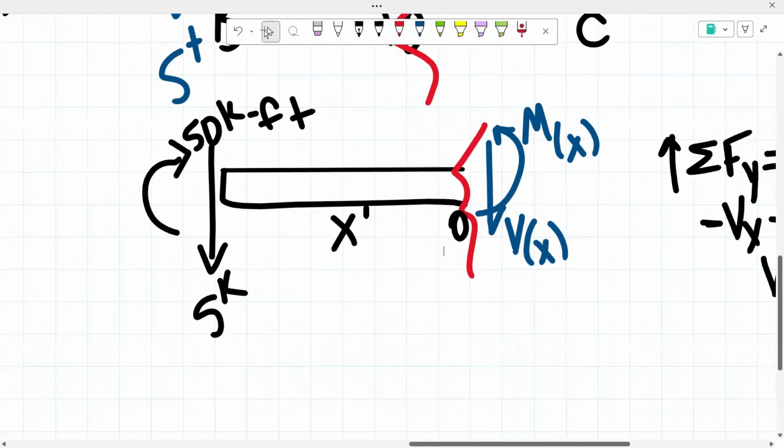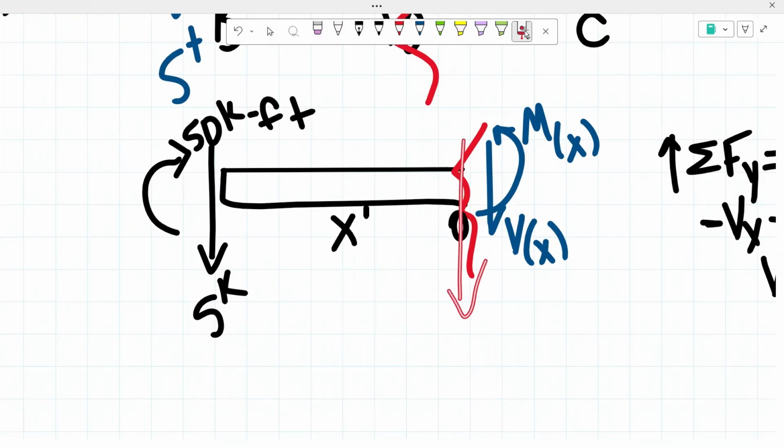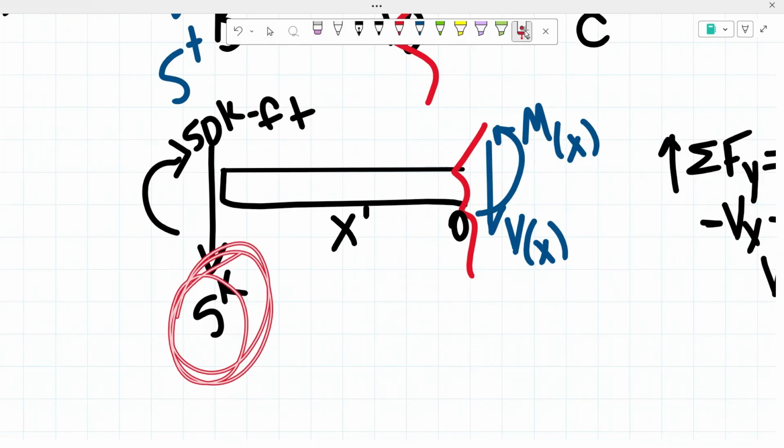But we also have this vertical force on this side of the beam, which is going to cause a moment about point O. Remember that moment is force times distance, so that moment is going to be equal to this 5 kips times the distance x.